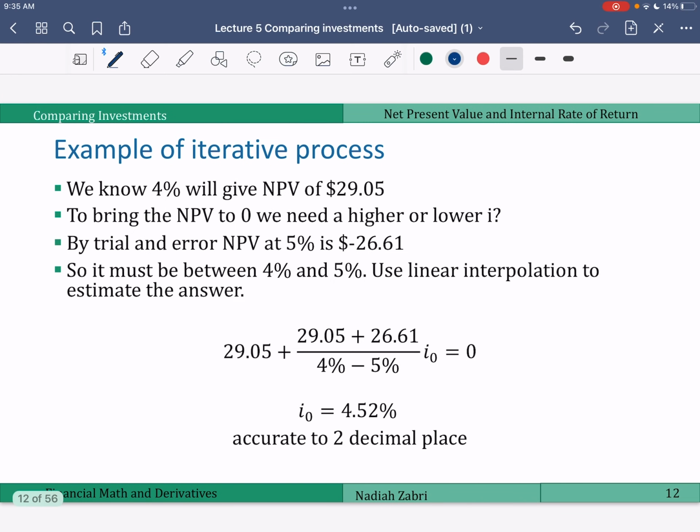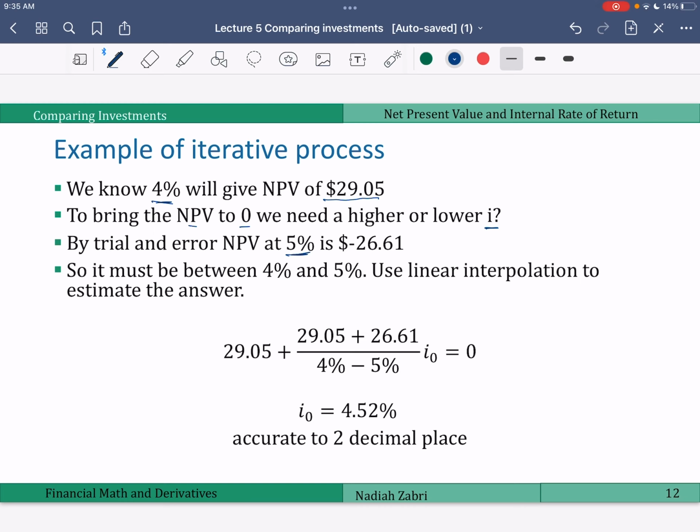Example of an iterative process. Okay, for the loan we gave to Ted just now, we know with 4% it will give an NPV of 29.04. So what will bring the NPV to 0, right? So we need a higher i. So by trial and error, we try NPV for 5%.